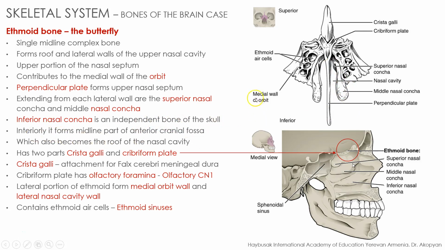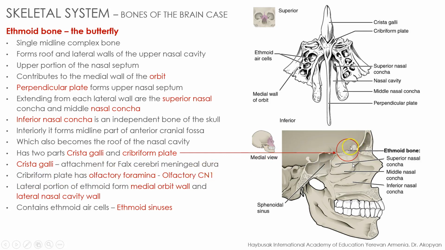Inferiorly, it forms the midline part of the anterior cranial fossa, which also becomes the roof of the nasal cavity, and has two parts, the crista galli and the cribriform plate. Both of these structures are actually inside the cranium proper. The cribriform plate houses the olfactory foramina, carrying the olfactory nerve, which is cranial nerve number 1.